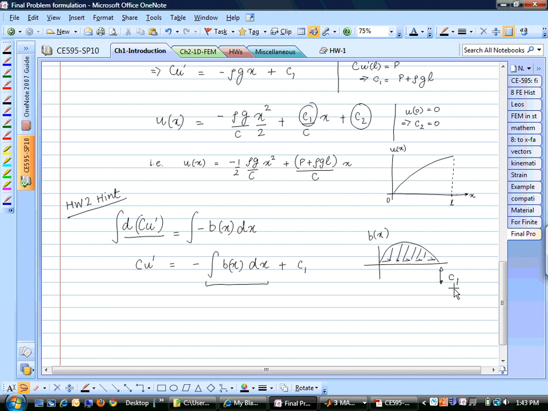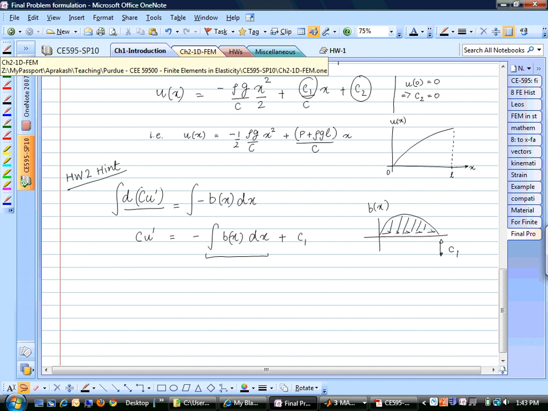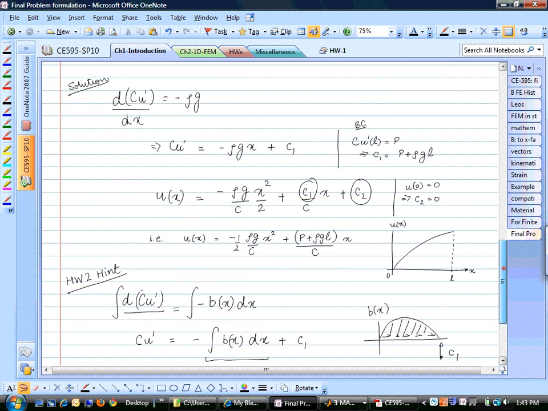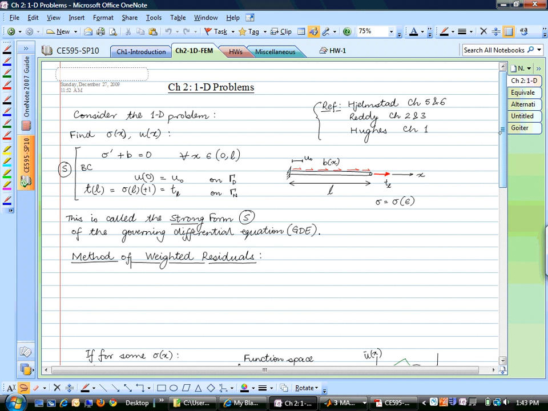If you integrate it again, you will get the displacement. So think about it a little bit, and hopefully it should be clear once you take a look at the code.